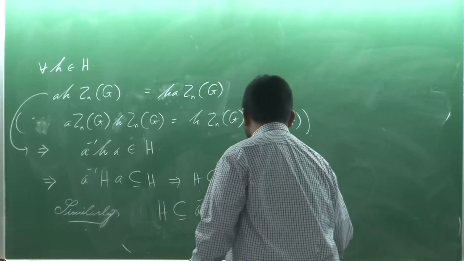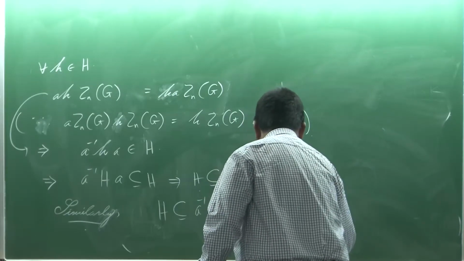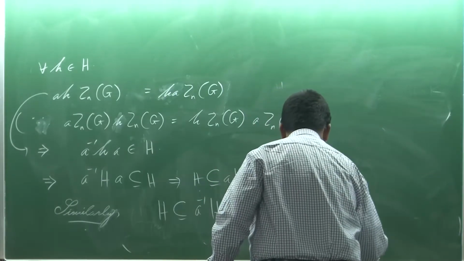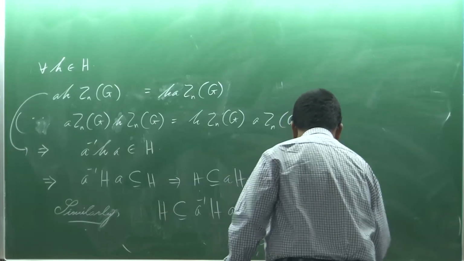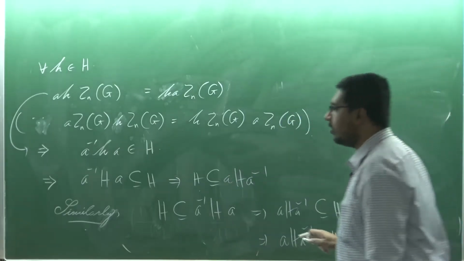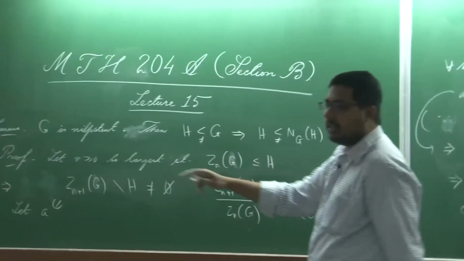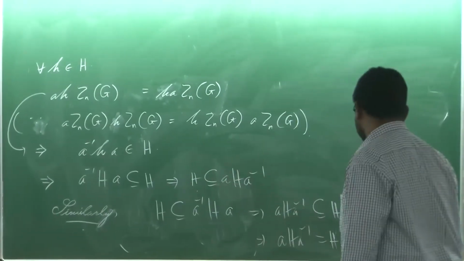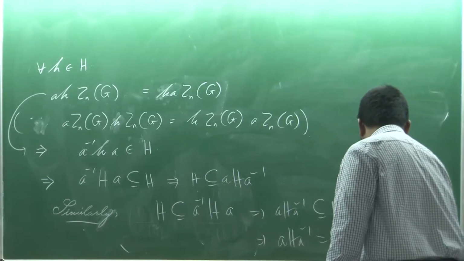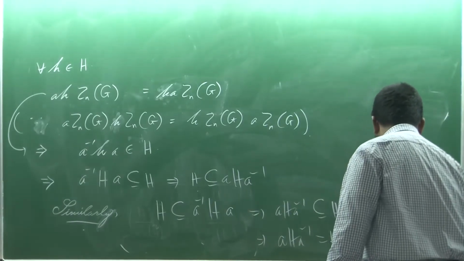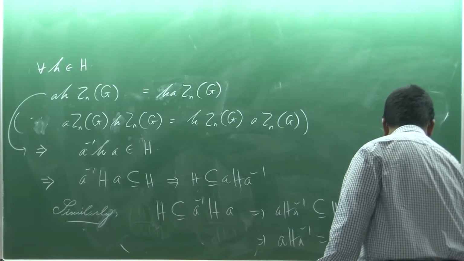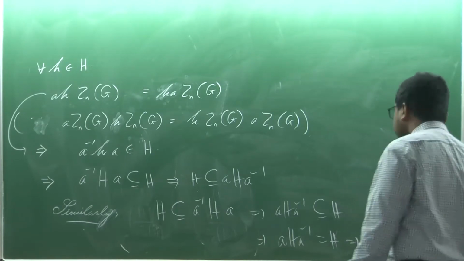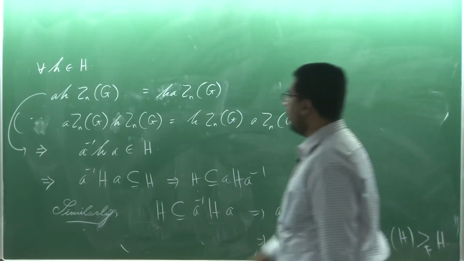Now this together with this implies A inverse HA is H. That means A lies in the normalizer of H, but A does not lie in H. So therefore we obtain a point which is in the normalizer but not in H. Hence the normalizer of H properly contains H.